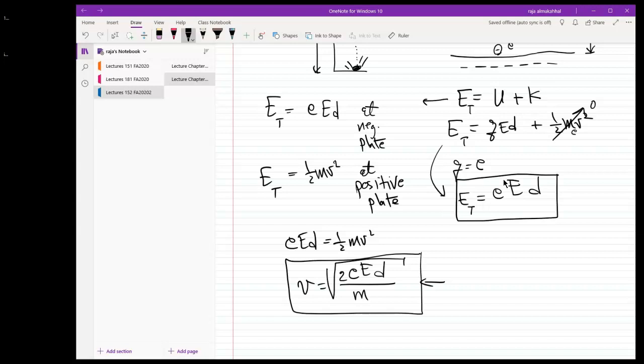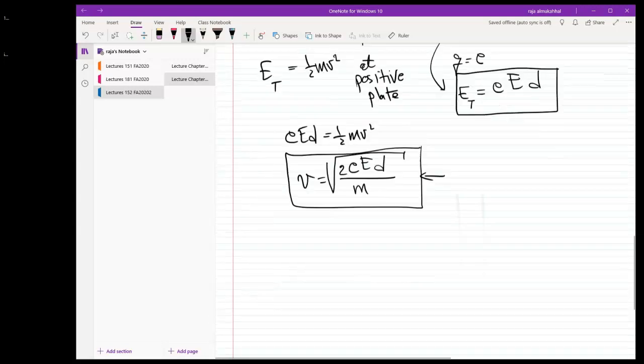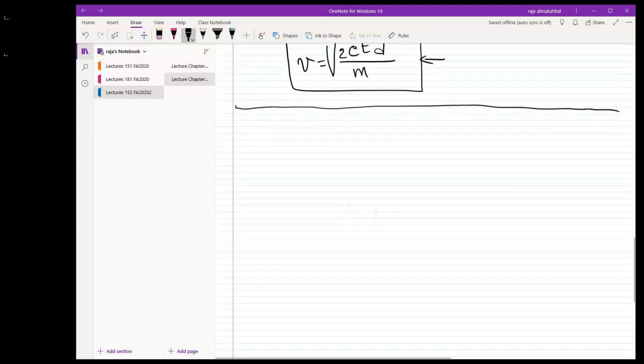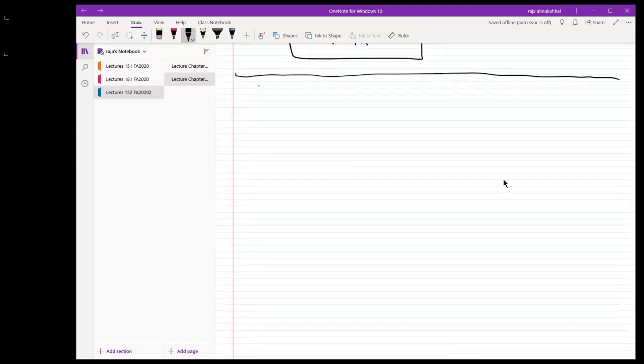Trying to find it. Example 18.1, I think. Not this one. Sorry. Oh, yeah, 18.2. Okay. Well, let's go over it. There is more to example 18.2.